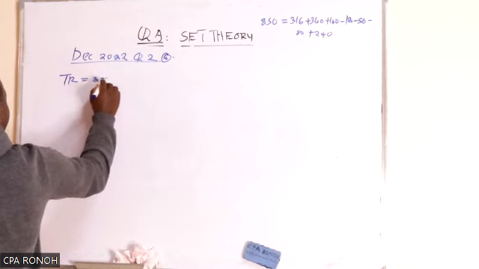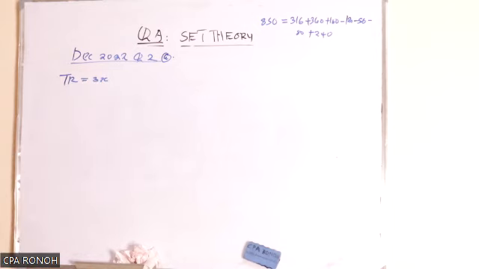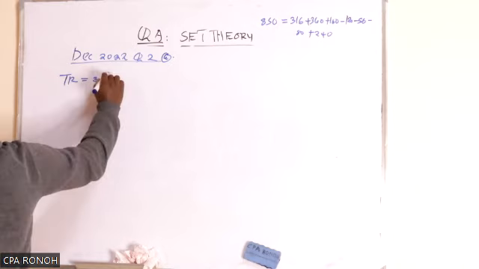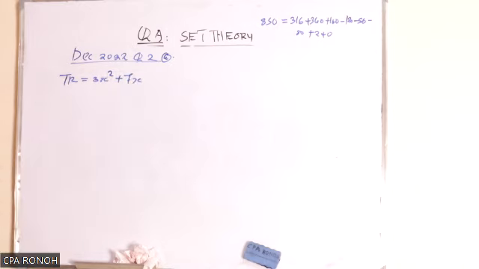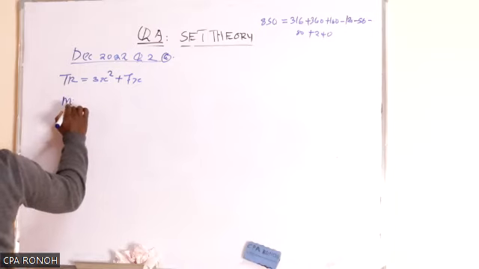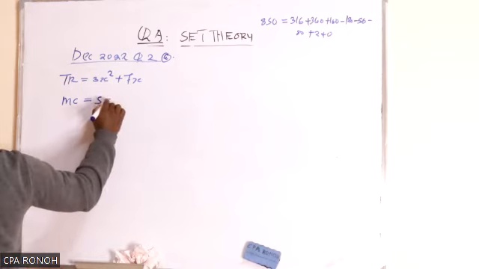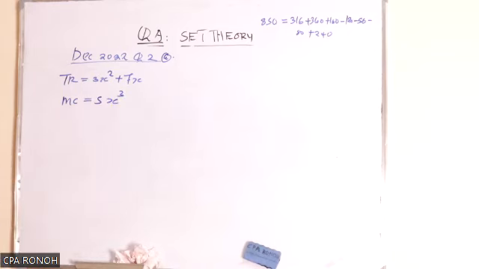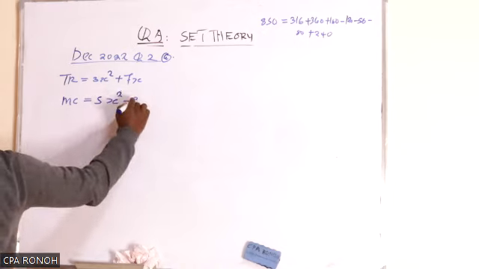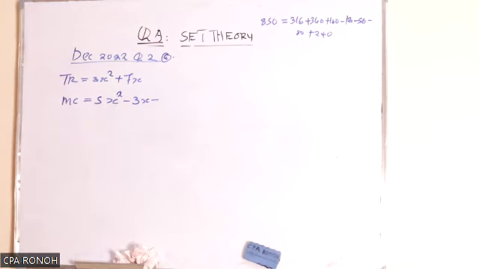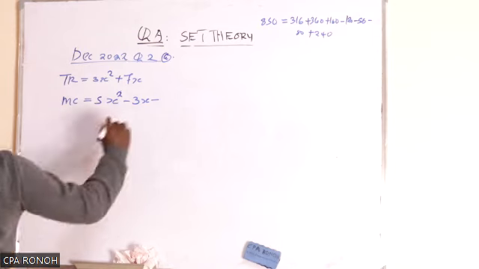TR equals 3x squared plus 7x. Then the firm estimates that the marginal cost in thousands of shillings could be represented by the function MC equals 3x squared minus 3x minus 2.